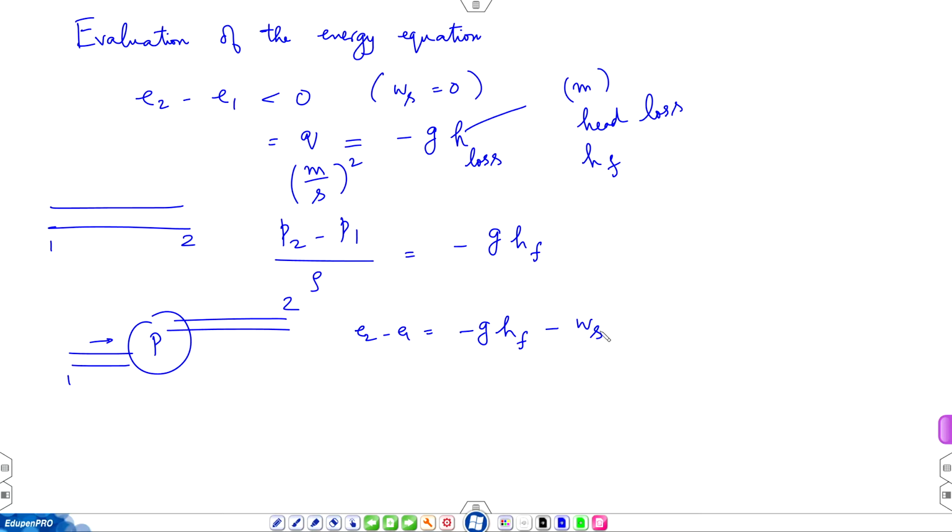I am just defining the problem further. Let us say the pump takes water from a low level water reservoir and pumps it back into the atmosphere.